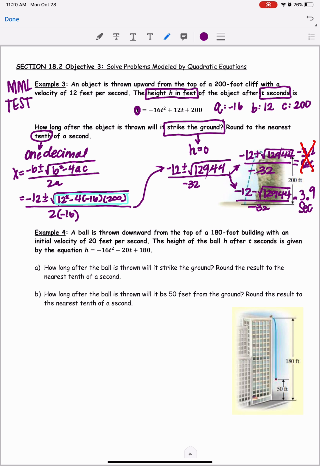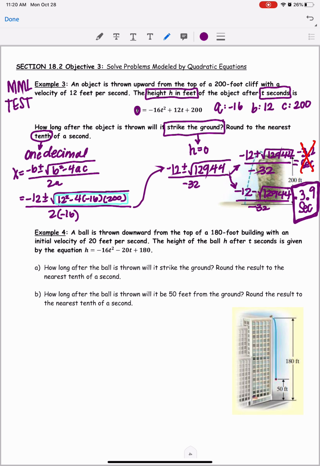That one is a lot more feasible, so this is my final answer. When you do problems like this, you're always going to have one that's negative and one that's positive. You're throwing out the negative answer because it's either talking about distance or time. You can't have negative distance or negative time unless you invented a time machine. Then talk to me and we'll get rich together. Okay, but you're keeping the positives of them.